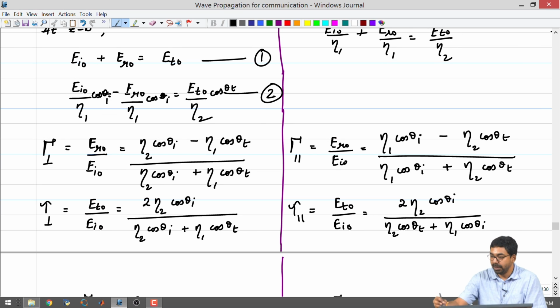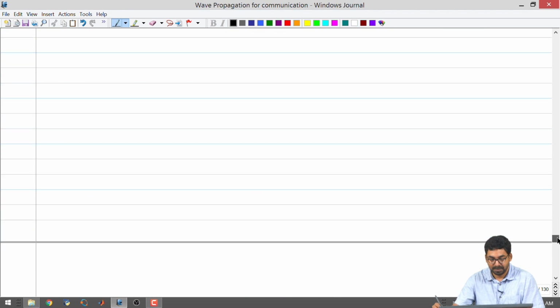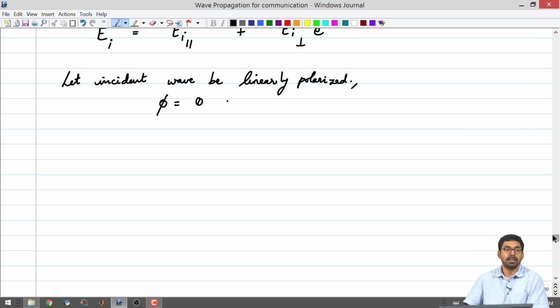Okay. So, if this is the case, for a linearly polarized wave to go and hit the interface and then bounce back, there will not be any arbitrary phase imparted to your incident wave. It is good because your reflection coefficients are real, which means that you will not have any changes in phase coming out of this.